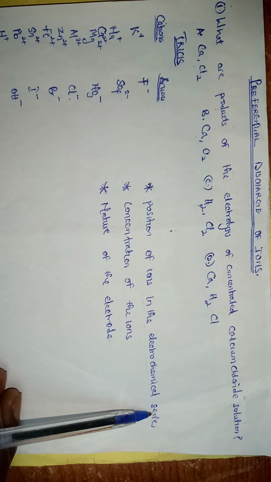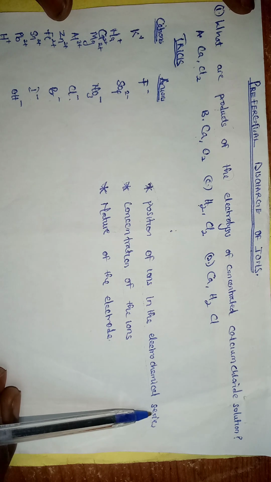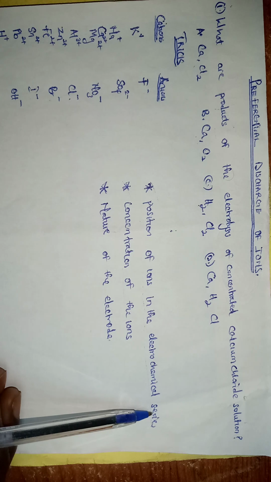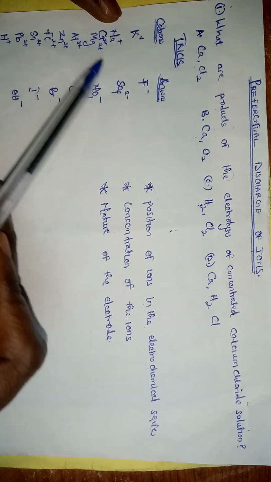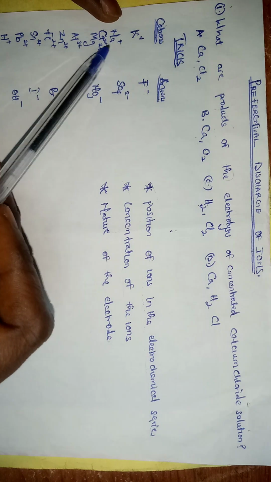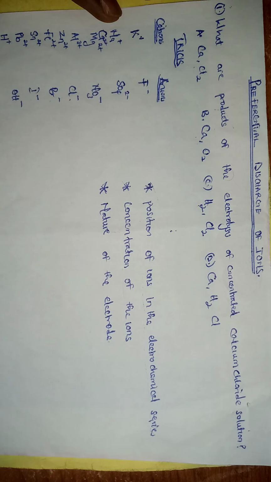If you are given any particular question on preferential discharge, provided that all other factors are constant, the cation or the anion that is lower in the electrochemical series will show a greater tendency to discharge than those higher up in the series.